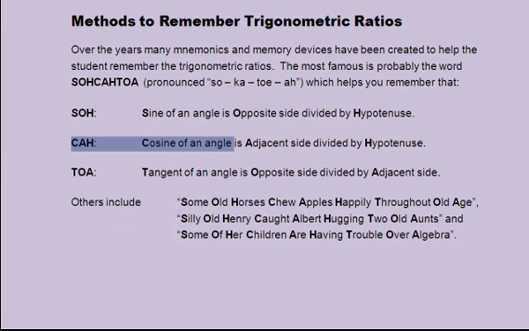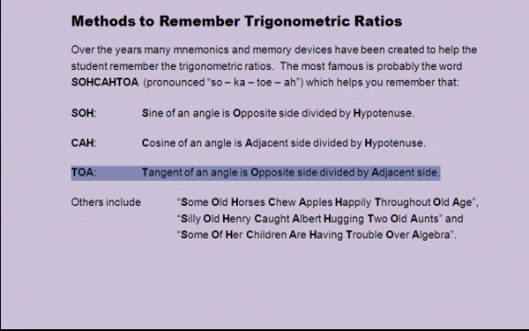Cosine of an angle is adjacent side divided by hypotenuse. Tangent of an angle is opposite side divided by adjacent side.